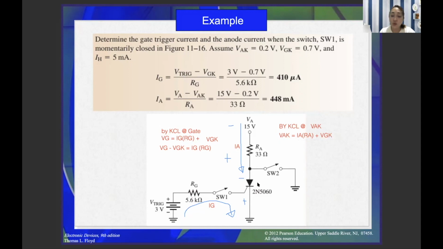Again, where does that VGK come from? This one, across the SCR.